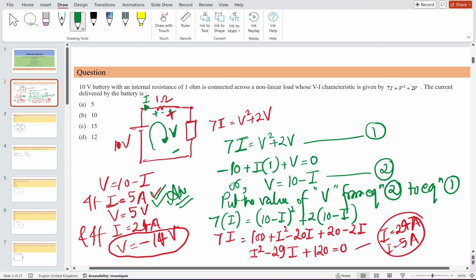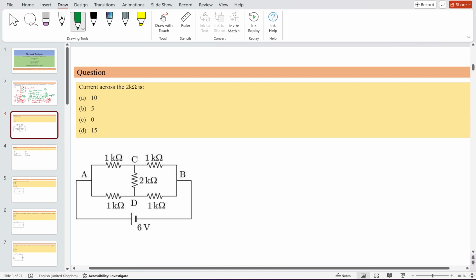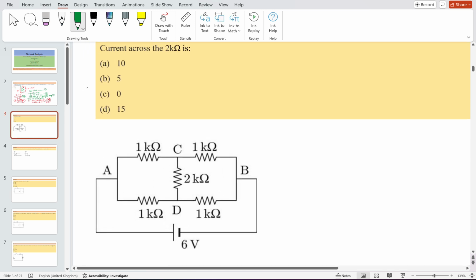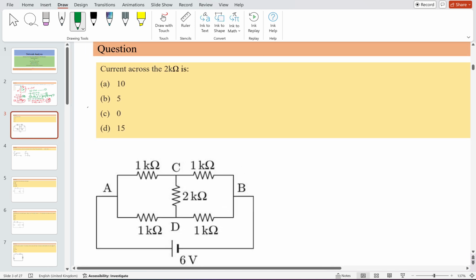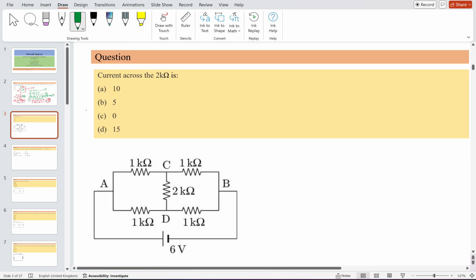Okay, let's move to the second problem. Try to solve this. We'll go by the basics and then we will see the variety of problems which can be asked in the exam.